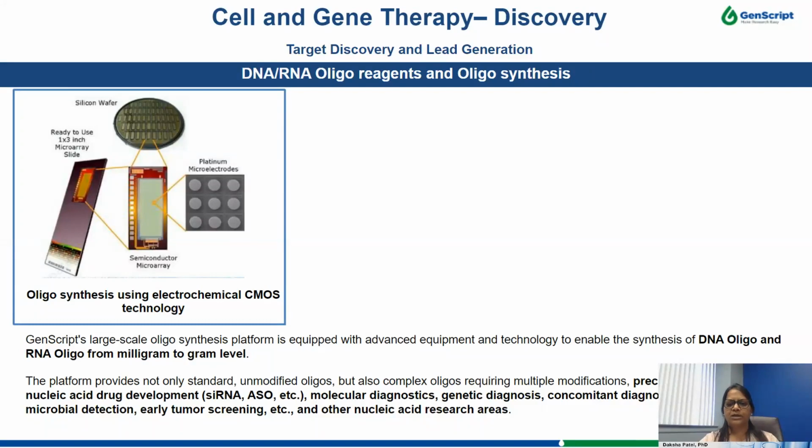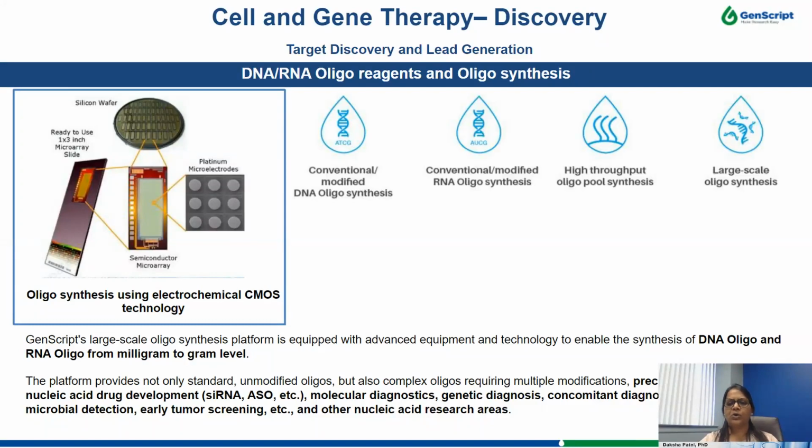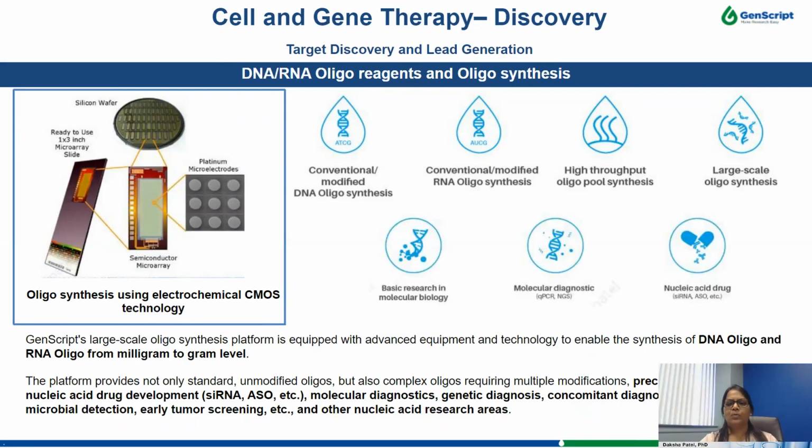GenScript provides DNA and RNA oligos and high throughput oligo pool and large-scale oligo pool synthesis services. These oligos are widely applicable in molecular biology and molecular diagnosis, including drug discovery, gene screening, and target identification.